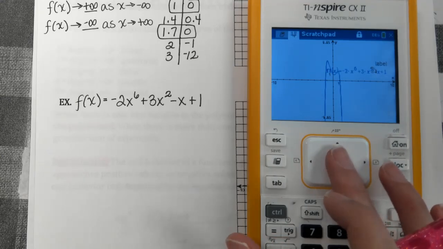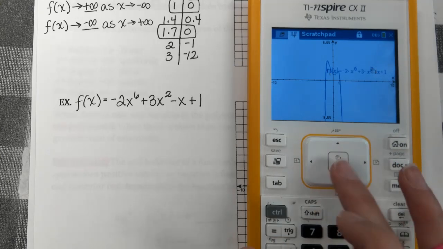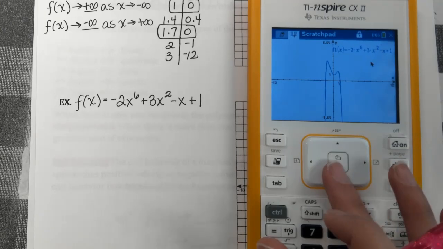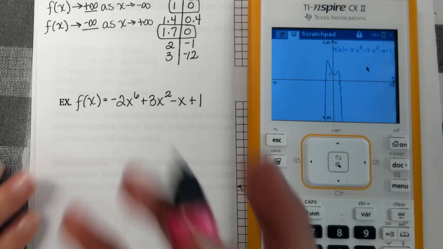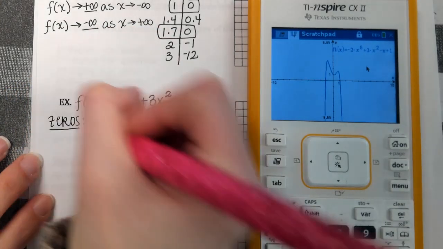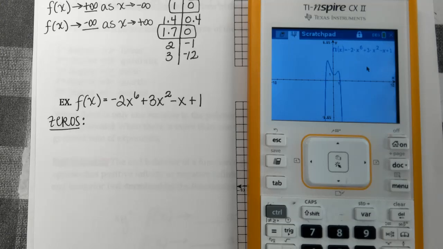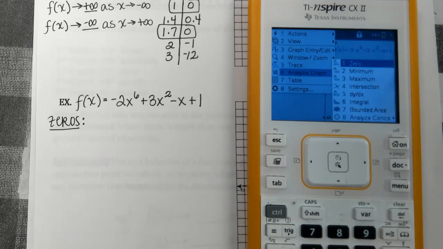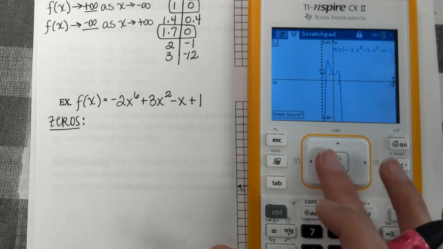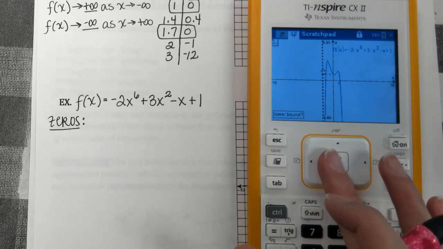Now I'm going to move that equation because I don't want it getting in the way of those maximum curves. So to find our zeros, we do menu 6 enter. Scroll to the left of that first x-intercept.